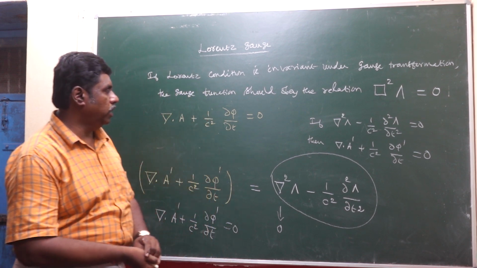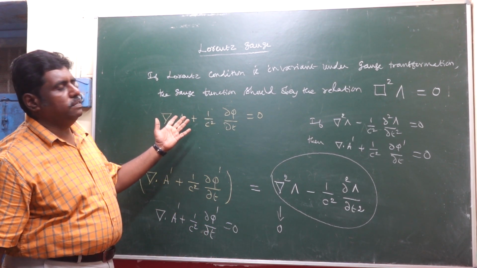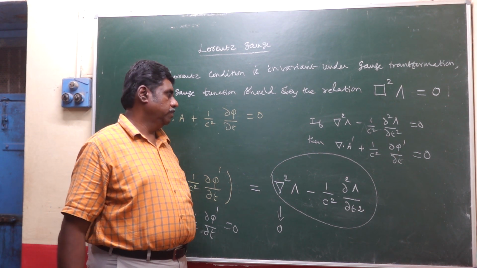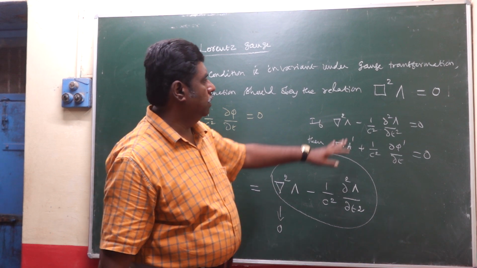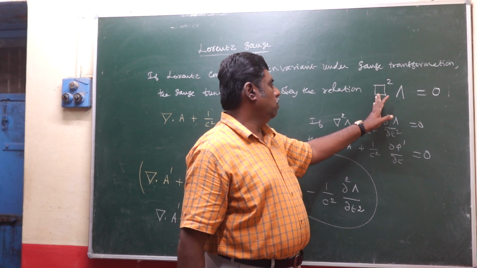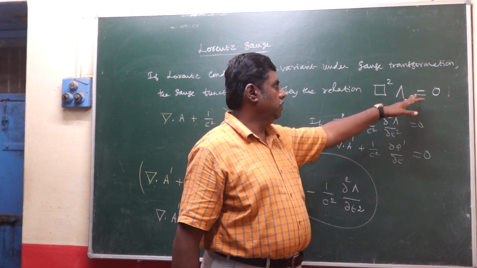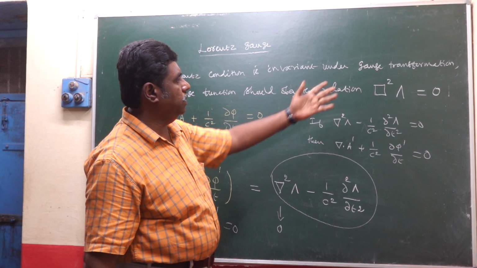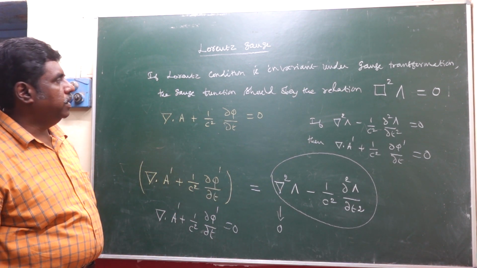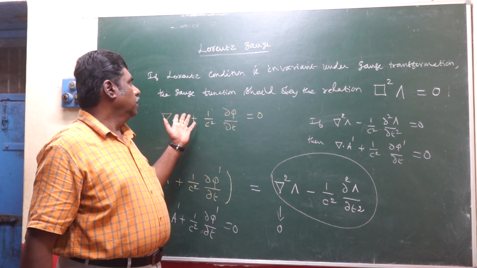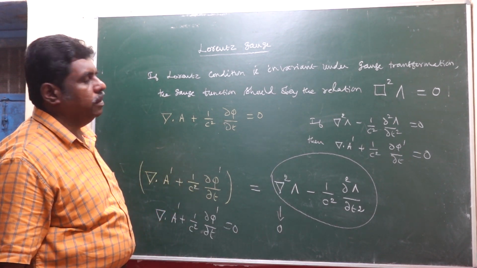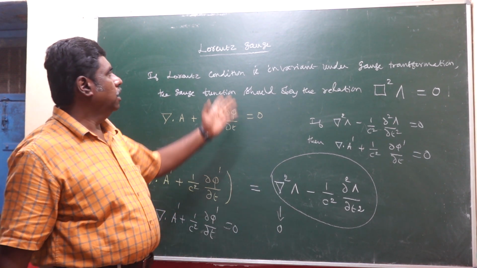Hence, we have proved that the Lorentz condition is invariant under gauge transformation. The necessary condition is that when the D'Alembertian operator operates on the gauge function, we get 0 on the right hand side. If this condition is satisfied, then our Lorentz condition is invariant. Now we may say the potentials belonging to this special category are said to be in Lorentz gauge.